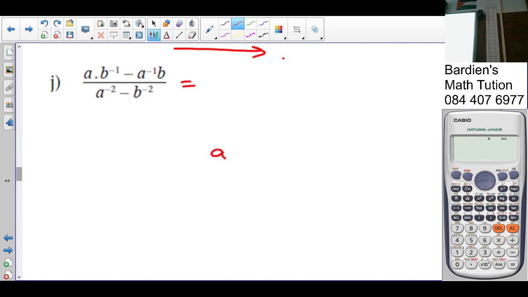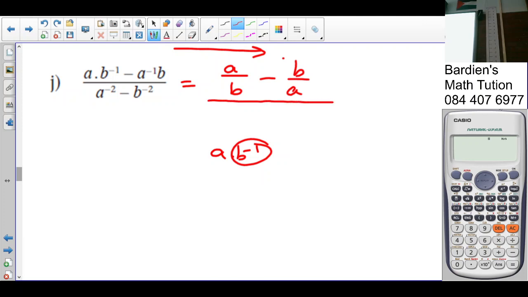So if I've got a times b to the negative 1, remember that negative 1 is only on the b. So only the b comes down. That's all. So in other words, that will be a over b minus, do you guys get that one right? Minus b over a.